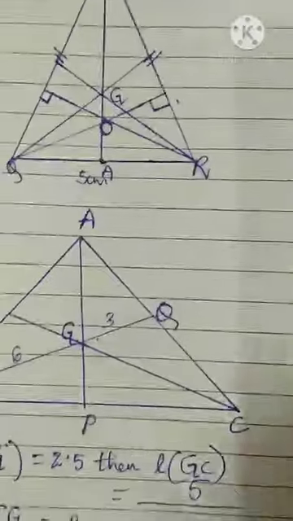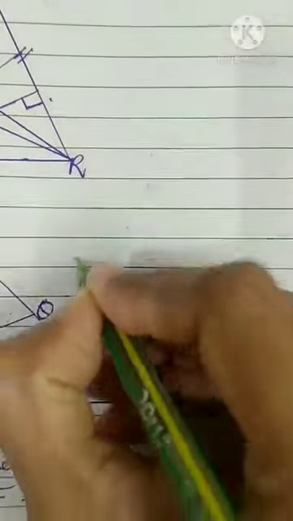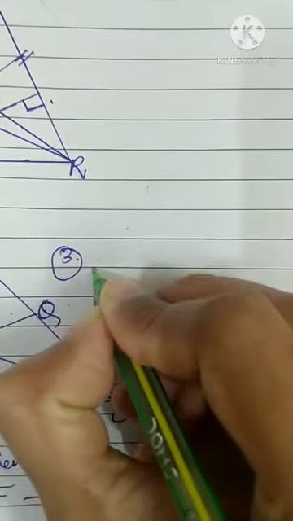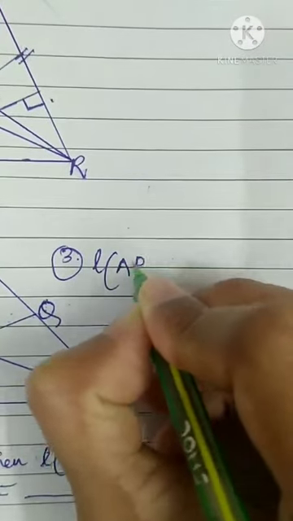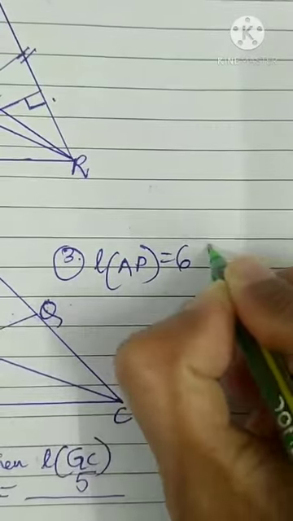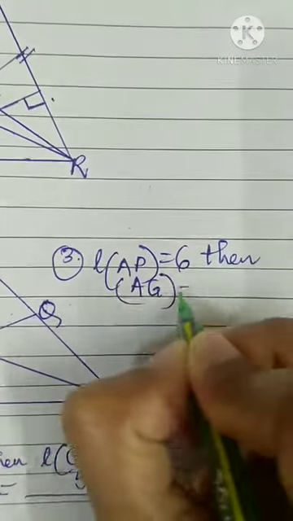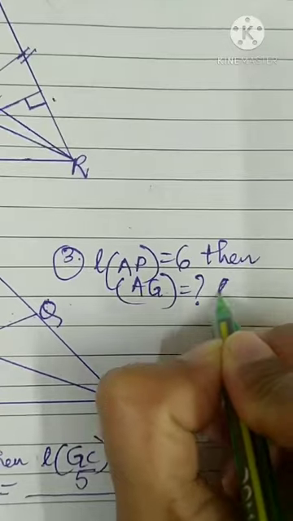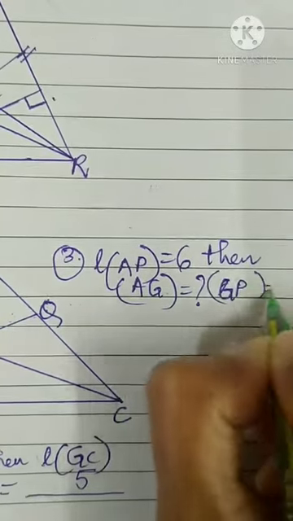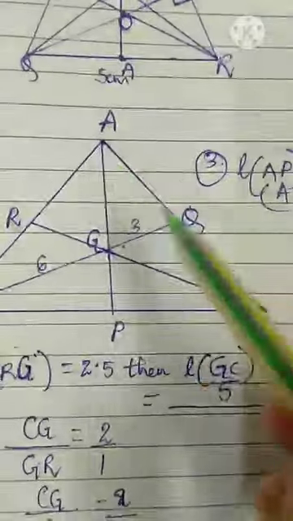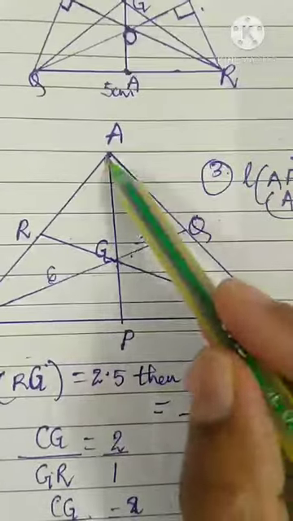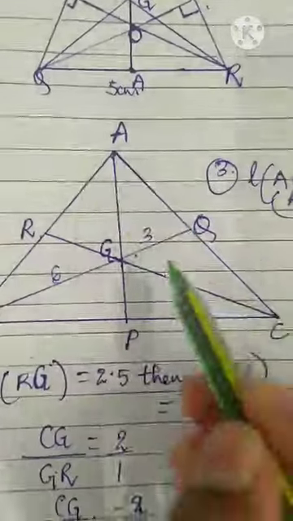Now, the third question. I will do it here. The third question they are asking: if length of AP is 6, then find AG and GP. Both are asked. Let's see the figure. AP is given as 6.